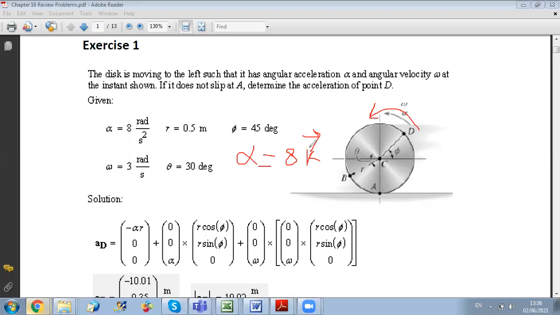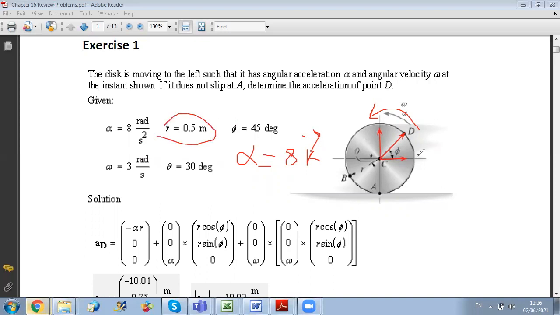Alpha is equal to 8k, and vector CD can be decomposed into 2 components, one along i, one along j. So we can write vector CD, as the radius is 0.5.